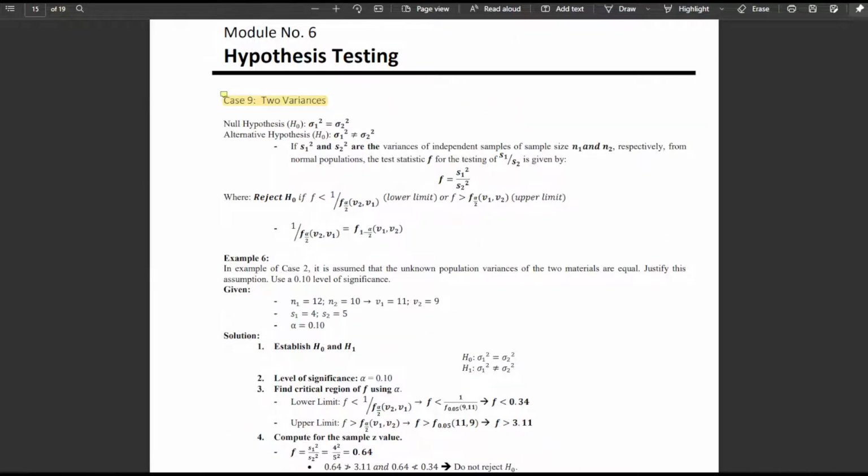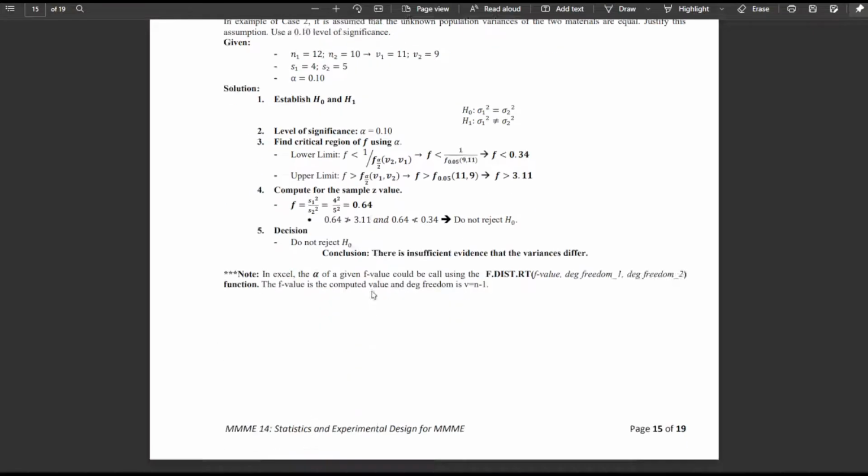So, sabi dito, in the example of case 5, it is assumed that the unknown population variances of the two materials are equal. So let us justify this assumption. And in fact, sometimes though, class, when we do cases wherein we're comparing two means, that is for the case of case 4, 5, and 6.